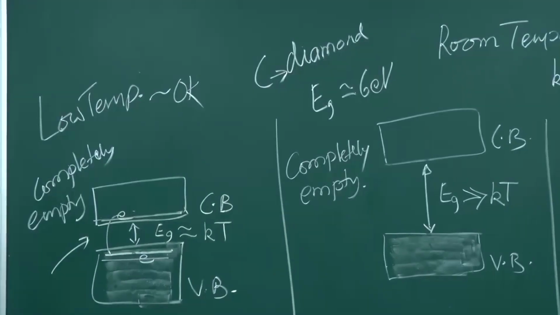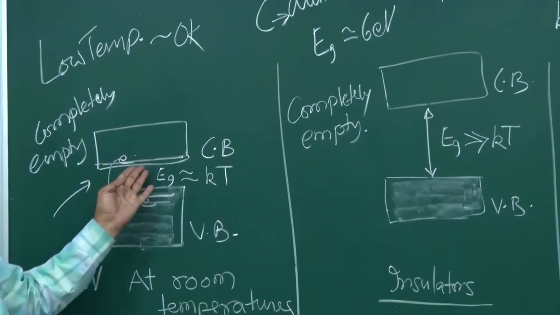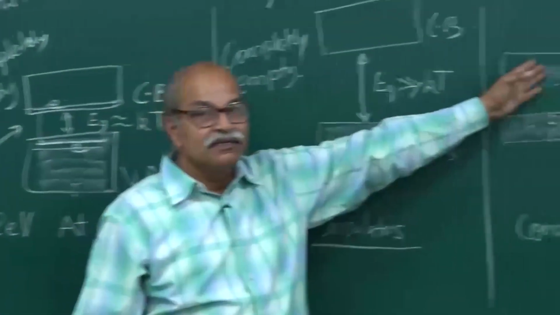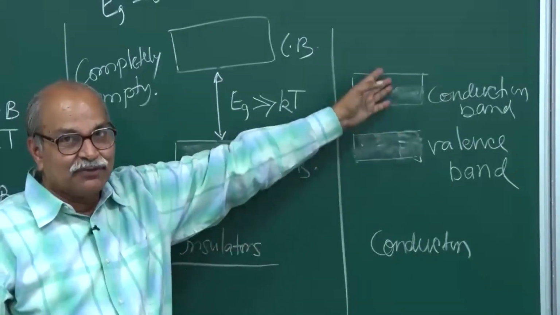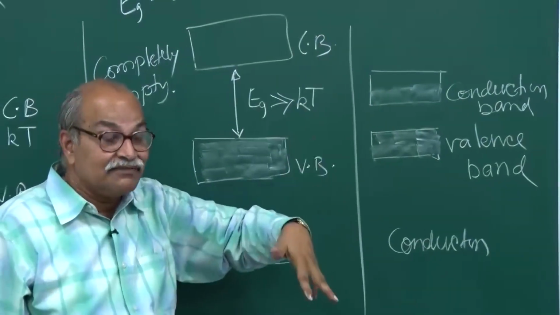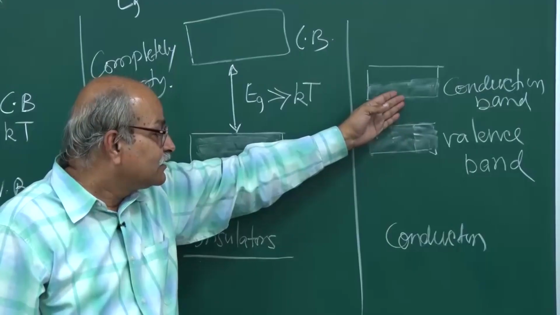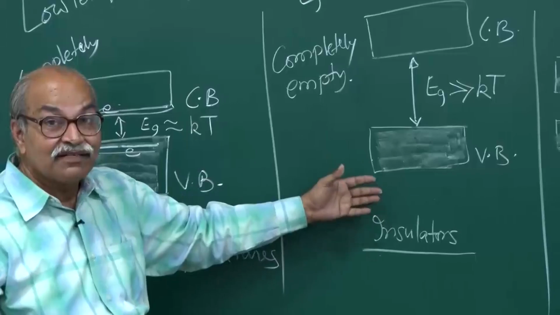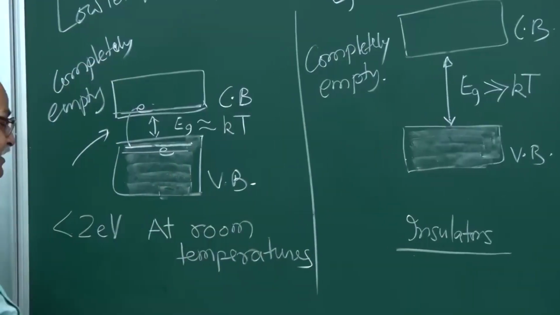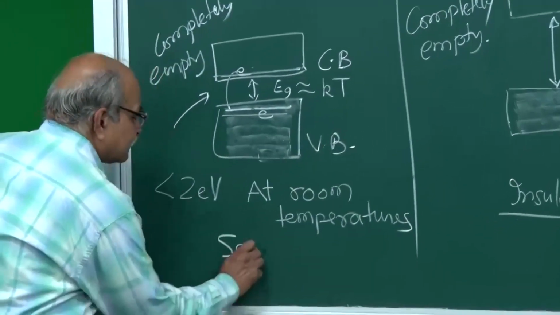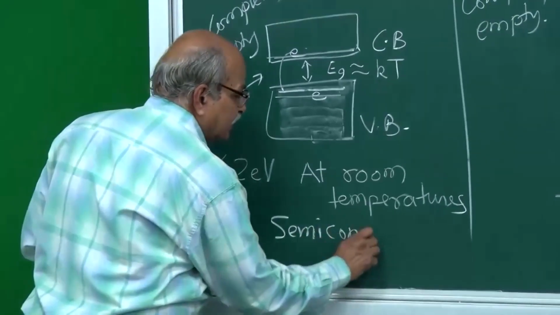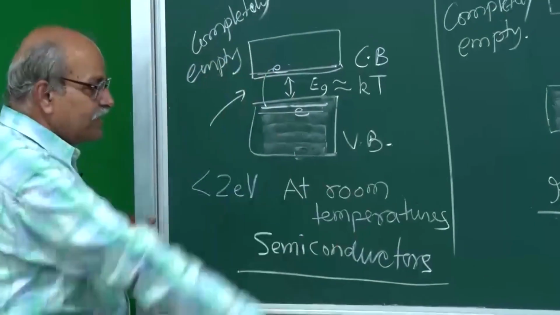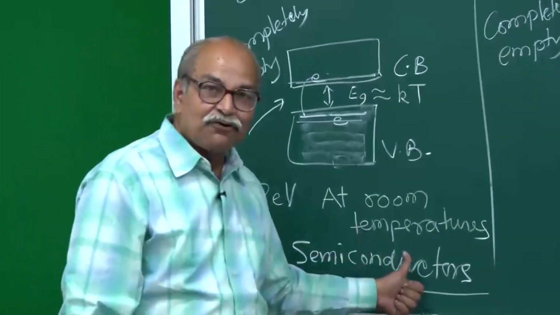Of course, the number of electrons here or the number of vacant states here is still very small as compared to the conductor case, and therefore the electrical conductivity as compared to that case will be very, very small here, but as compared to the insulator, it is very, very large here. That is why it is called semiconductor. These kind of materials are called semiconductors. Okay, and that is what we are going to now focus on.